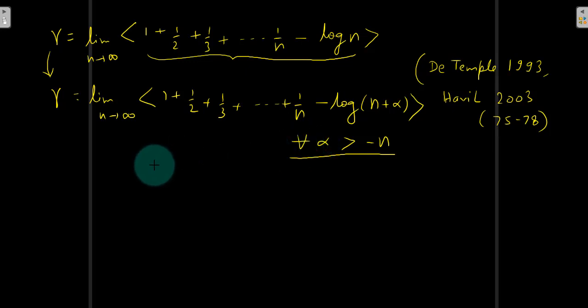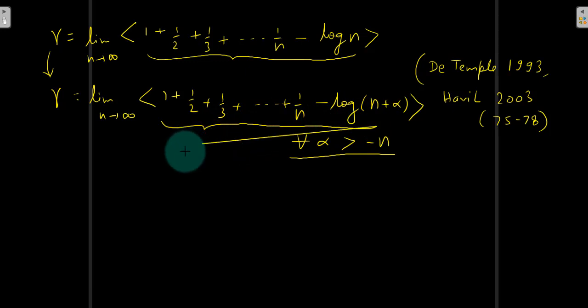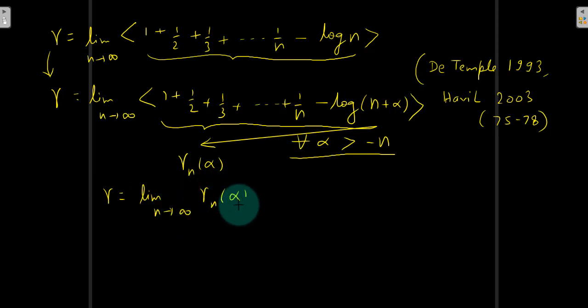Suppose we denote it as gamma n alpha. Then what I mean to say is that gamma is nothing but the limit of this sequence for every such alpha.